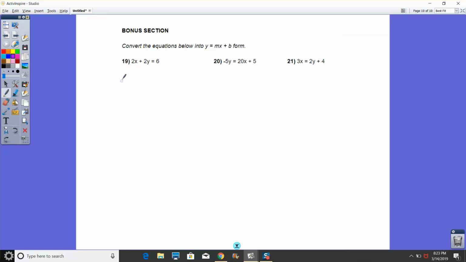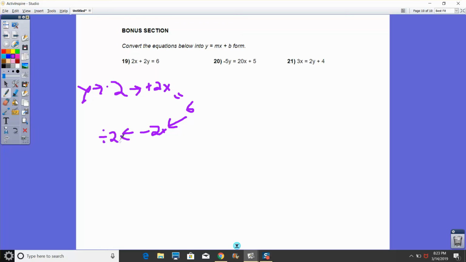So if we have number 19, and we're going to get the y by itself, the first thing that would happen is y is multiplied by 2. So start with y, right? It's going to be multiplied by 2 first, and then we're going to add 2x. So if we do that, that would give us 6. Right? So if I want to reverse the course here, I would have to subtract 2x from 6, and then I would have to divide both sides by 2.